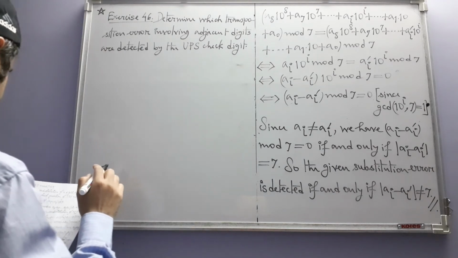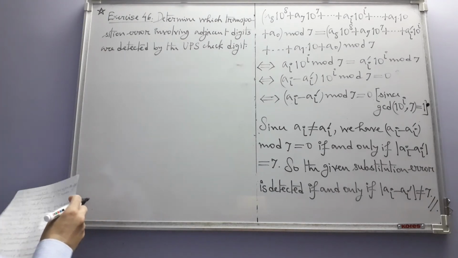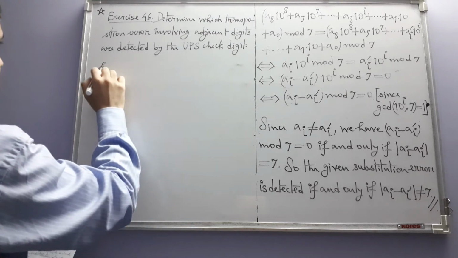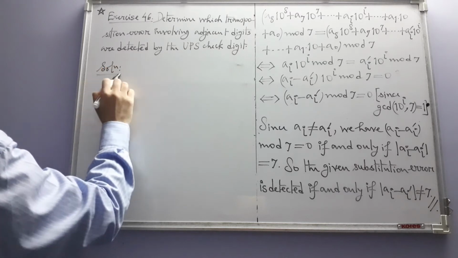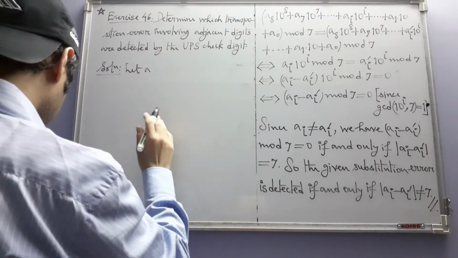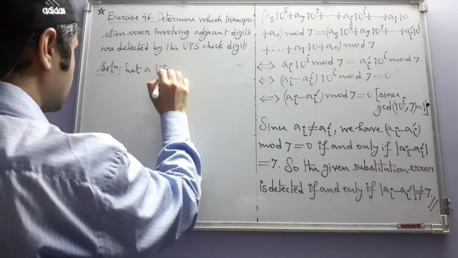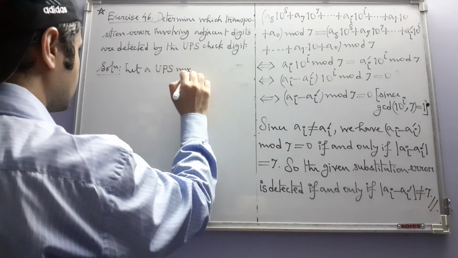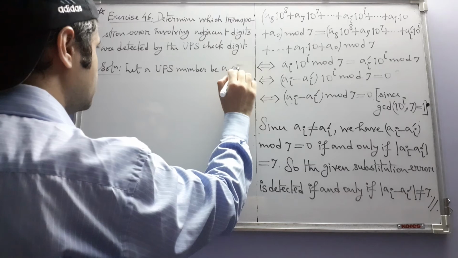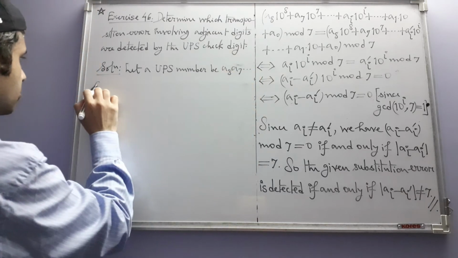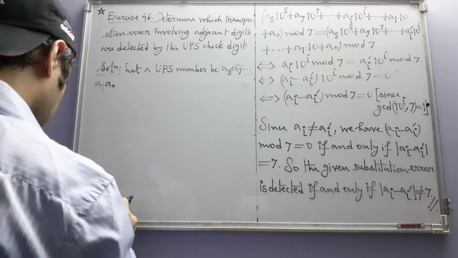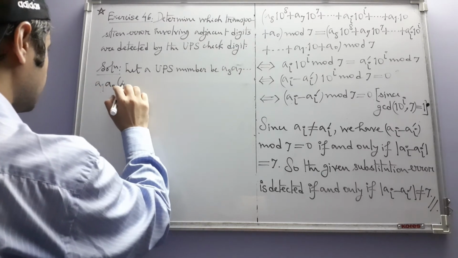Okay. So the starting is like before. Let a UPS number be this, A1 A0 in decimal system.